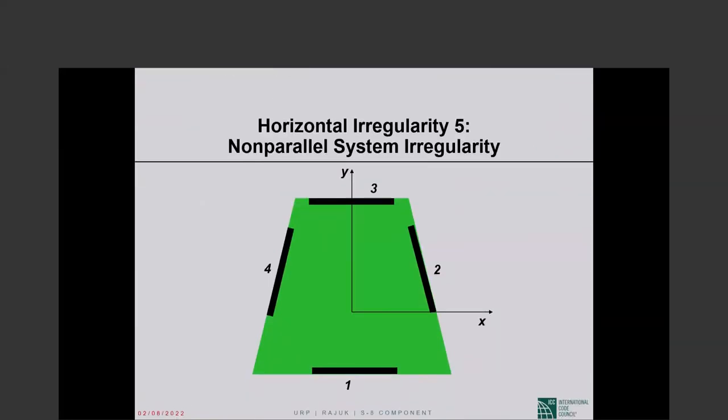Okay, let's look at this in a little more detail. So this is a plan view with walls 1, 2, 3, 4 along the edges. The X direction is to the right, the Y direction is to the top. 4 shear walls.